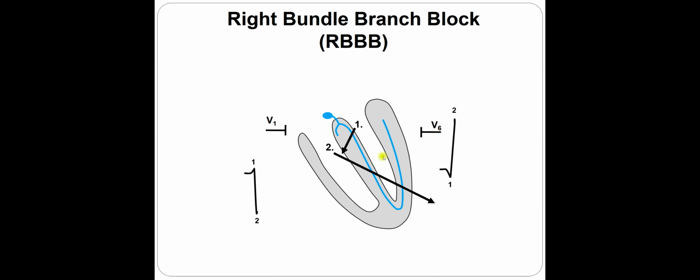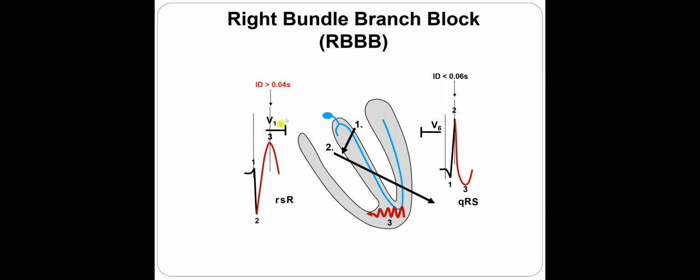But what will happen with the right side? The right side is activated later, through the muscle. So we have a later-coming activation toward the right side. Again, we have an R wave and a wide R wave in V1, and a deep, wide S wave in V6 on the left side. If you look at the intrinsic deflection or ventricle activation time, you see that in V1 it's much bigger, because the first one is the septal activation, which should be normal.